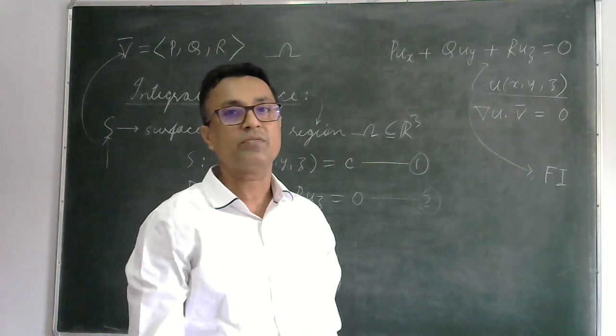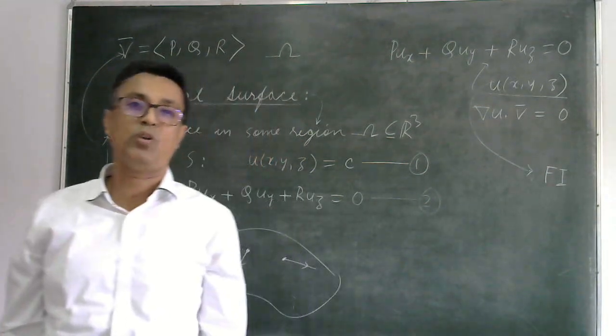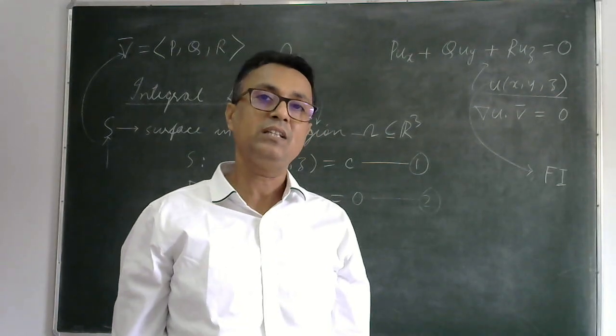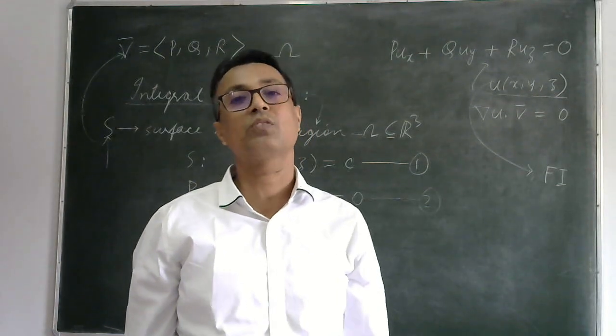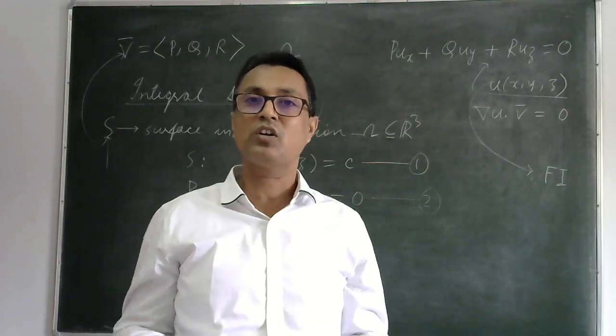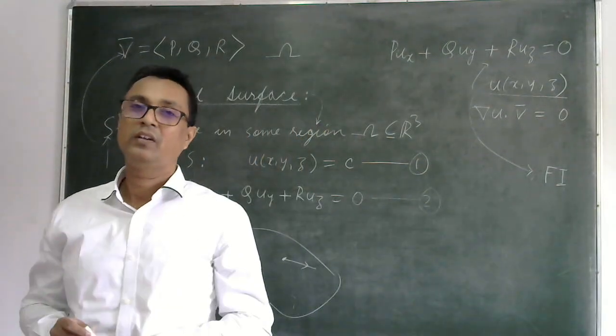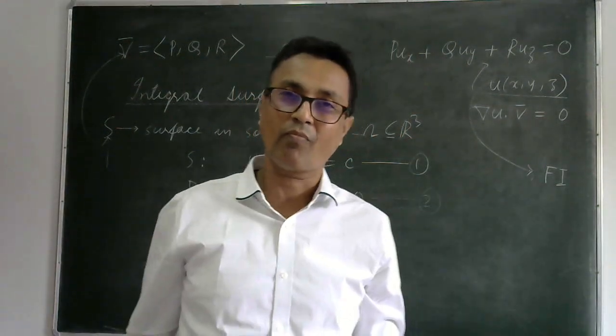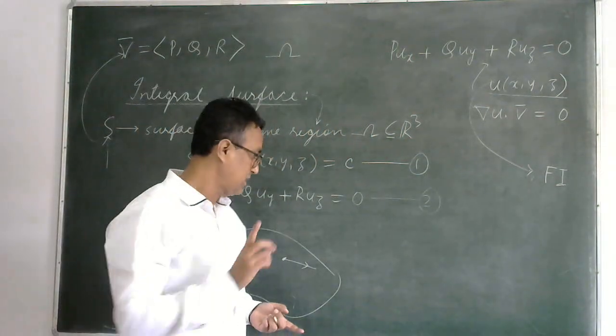So if at that point you draw a tangent plane, then that vector V is going to lie on the tangent plane. Is it clear? The definition of integral surface. Is the definition of an integral surface clear? Yes, sir.